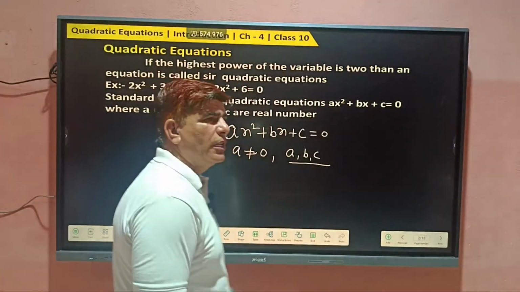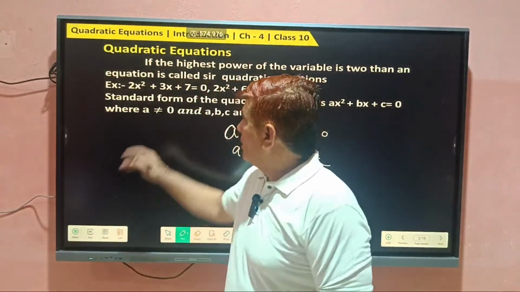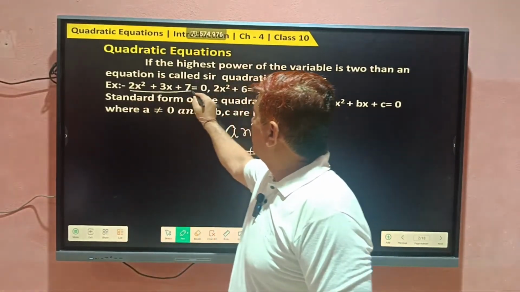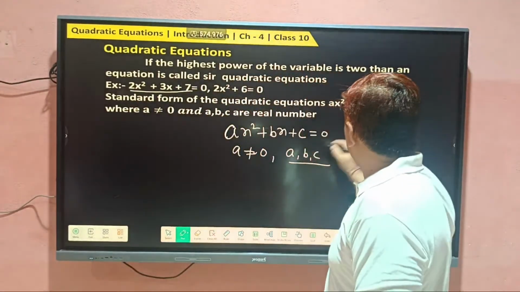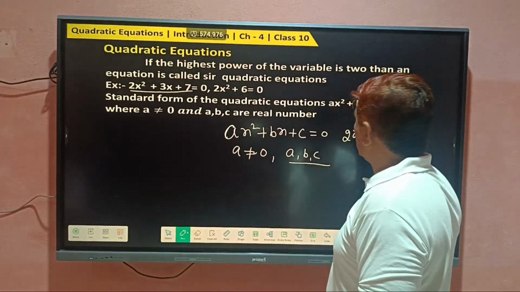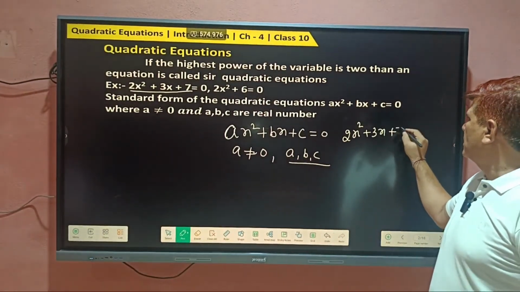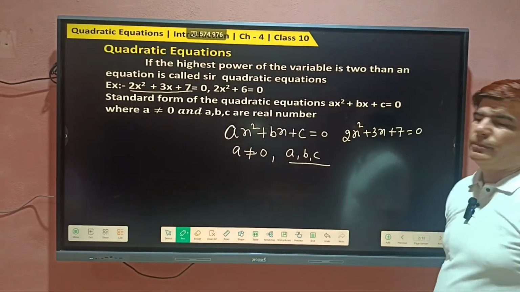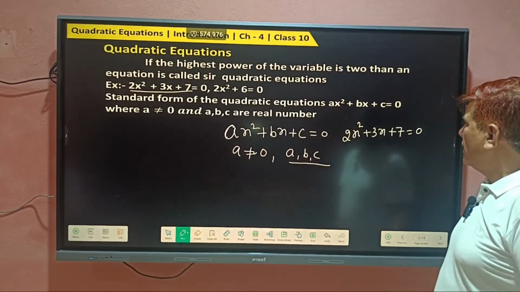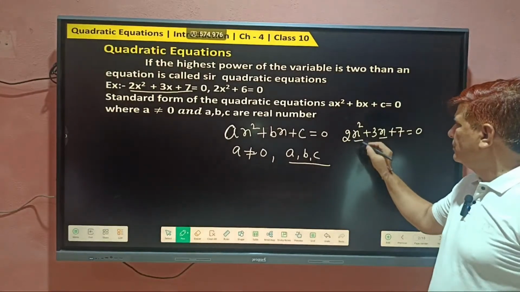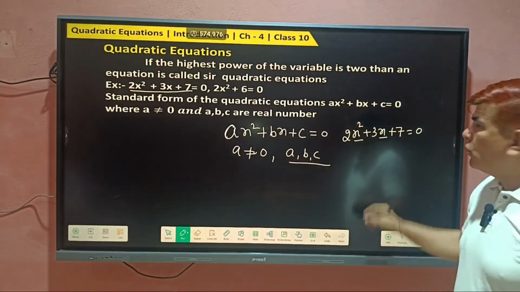There are so many examples. One example given here, this is an example of a quadratic equation: 2x square plus 3x plus 7 equal to 0. Which one is the variable here? This is the variable. What's the highest power of this variable?